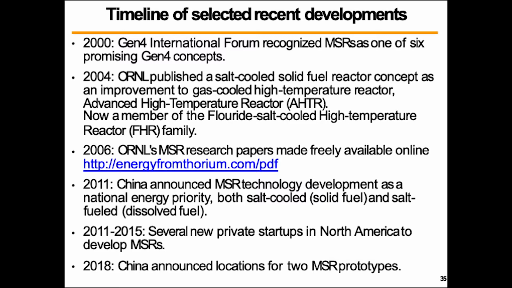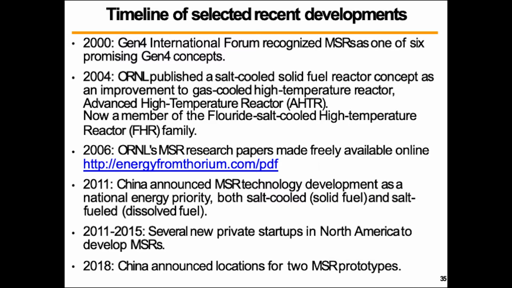In 2006, Kirk Sorensen made these papers freely available online and tried to raise interest in them. In 2011, China announced development of these molten salt reactors as a national priority. And between 2011 and 2015, there were several new private startups in North America, and also some in Europe, to pursue development of this technology.